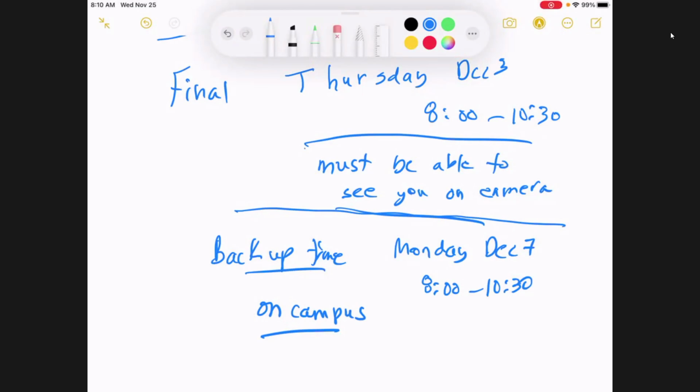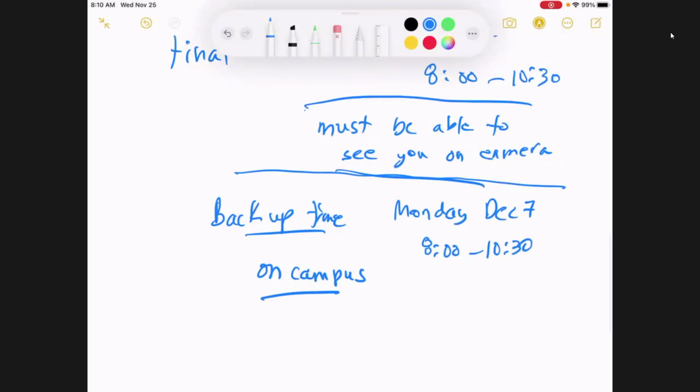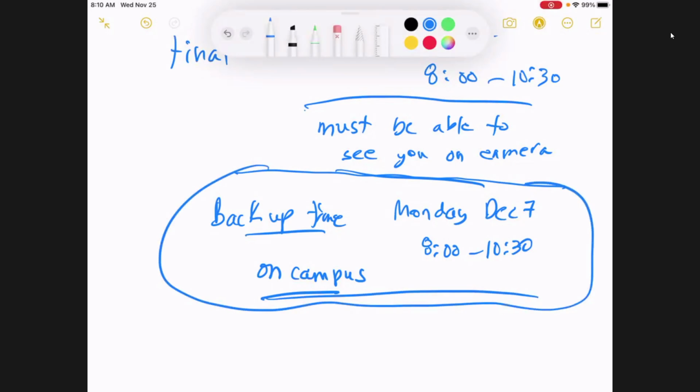I'll be sitting there probably working on my other exams. If you have to take it, you just come in, get your exam, and sit way across the room. Everybody's separated. That's in case problems happen, and they have so far.